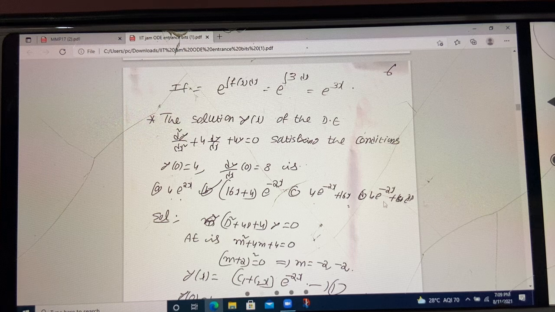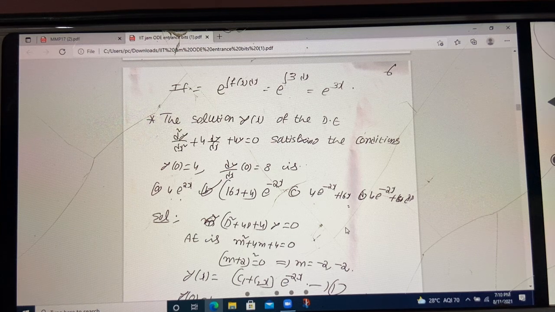Here all are satisfying, so this will not give you the answer. This will give you the answer: find the derivative and check whether it is satisfied or not. But all will satisfy this also. Then you will have to go for solving. Suppose only one of them satisfies this, then that is your answer.